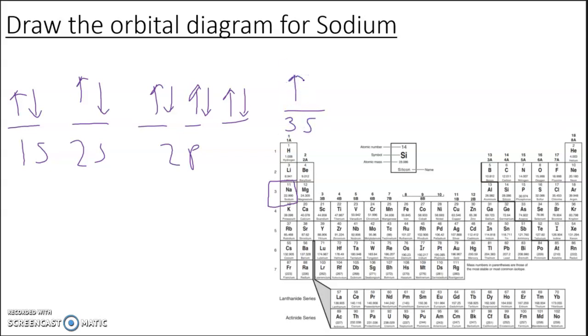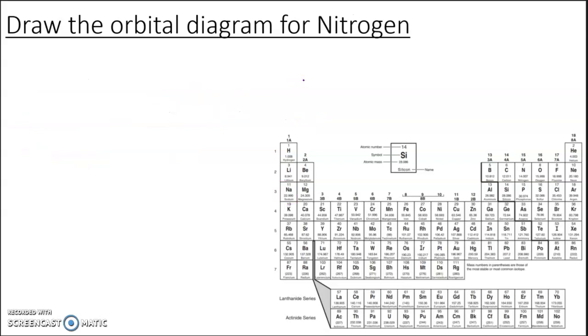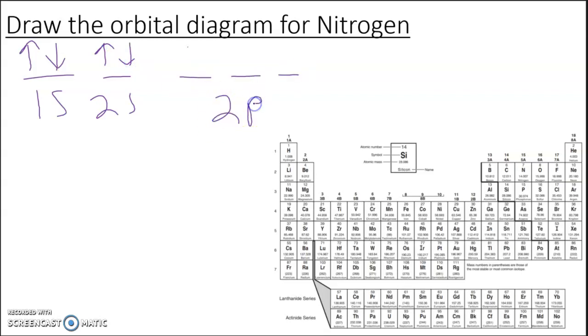So hopefully that is what you drew, and your configuration was 1s2, 2s2, 2p6, 3s1. Nitrogen. Pause the video again, and then when you hit play, I'm going to draw it for you to check. Okay, so 1s is full with nitrogen, 2s is full, and nitrogen ends on 2p3. So 1, 2, and a 3.